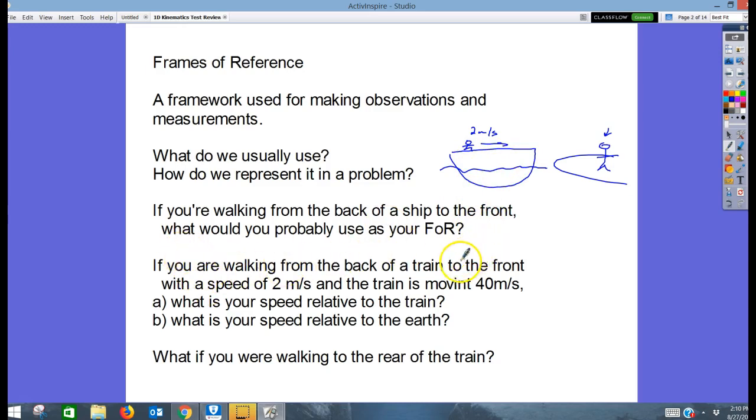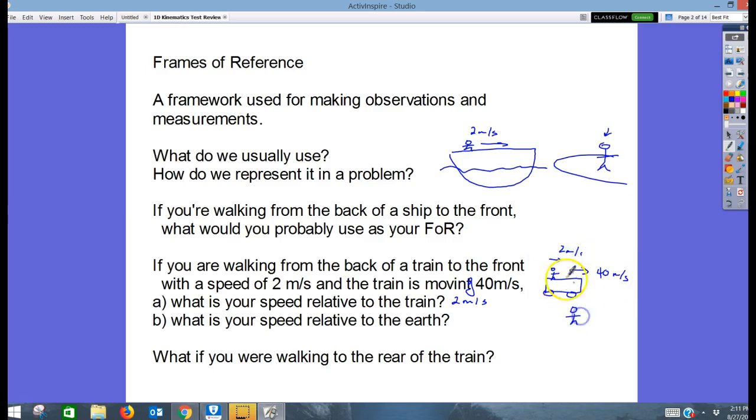If you're walking from the back of a train to the front with a speed of 2 meters per second and the train is moving 40 meters per second, what's your speed relative to the train? Well, relative to the train, it's 2 meters per second. What's your speed relative to the Earth? Let's say you're on top of the train because that's easier to draw, and the train is moving this way 40 meters per second, and you're moving this way 2 meters per second.